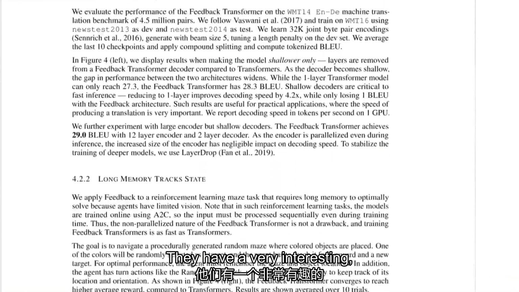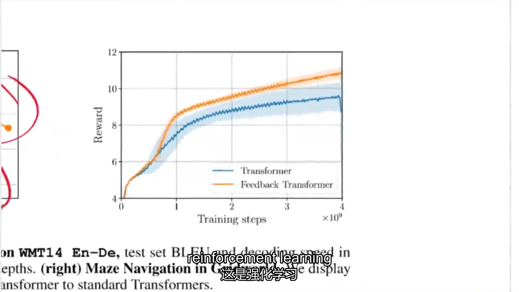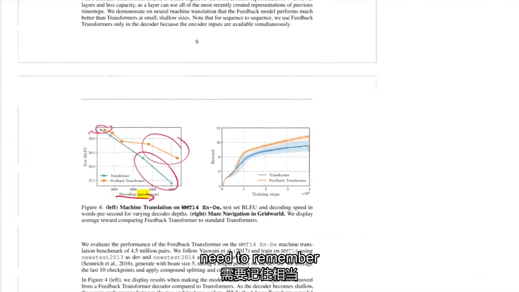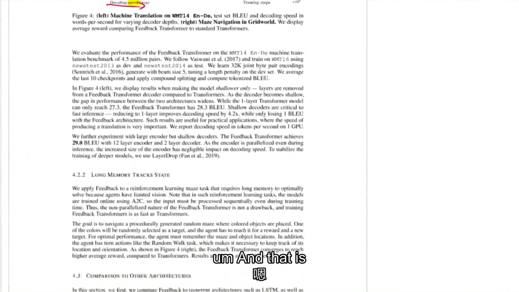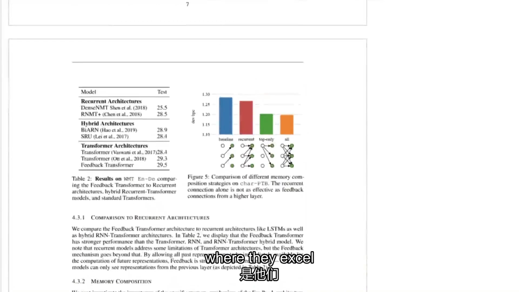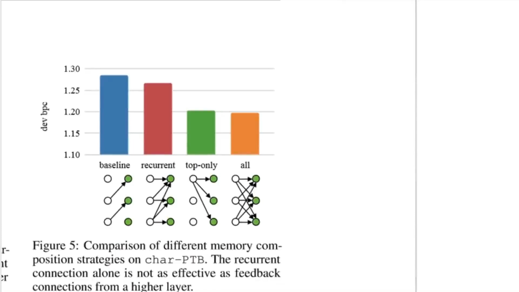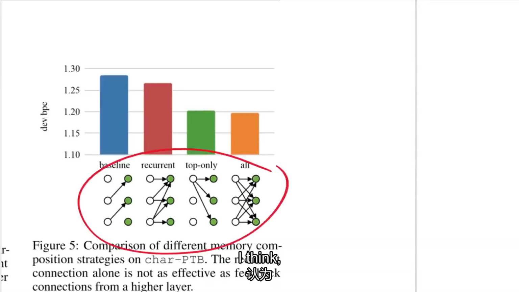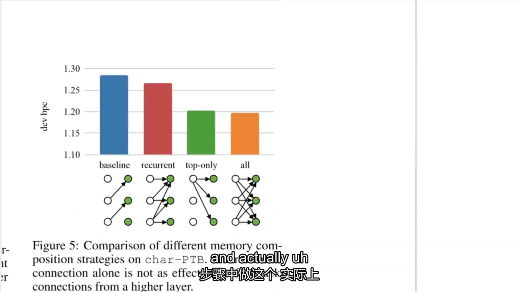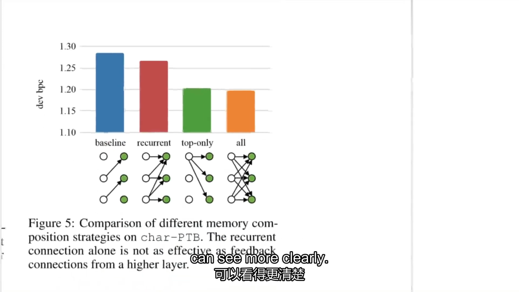And by the way, they have a very interesting reinforcement learning task, where you need to remember things for quite long, and that is also a domain where they excel. So here they look at the different kinds of memory, and these are a bit deceptive down here. I think to have the whole impression, you need to do this over multiple time steps and see how they develop, and then you can see more clearly.